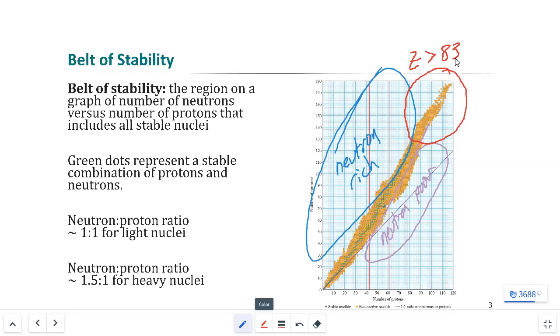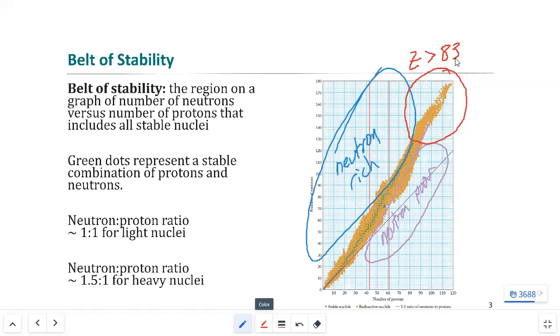But even though they naturally occur, they're naturally radioactive as well. So even if they have multiple isotopes, all of the isotopes are unstable. There are no green dots beyond element 83.